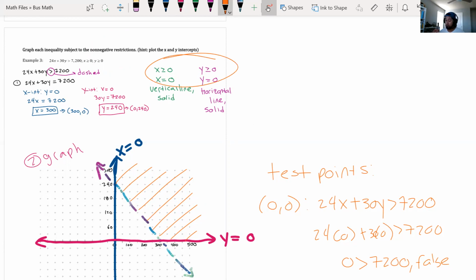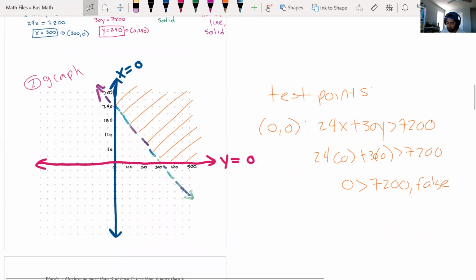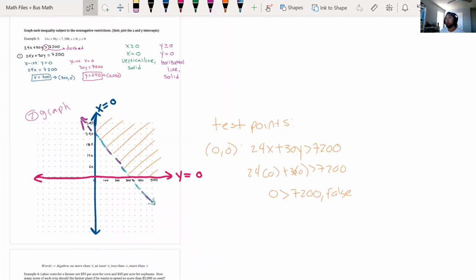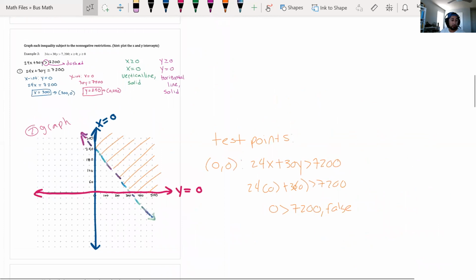So what these restrictions do is they only keep us to the actual first quadrant, because in the first quadrant, everything is positive and everything is greater than 0. So that's why those are called non-negative restrictions. They keep us in the first quadrant. Okay, perfect. All right, everybody good with that one?